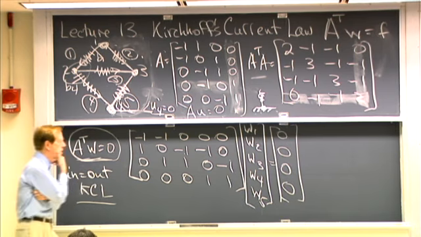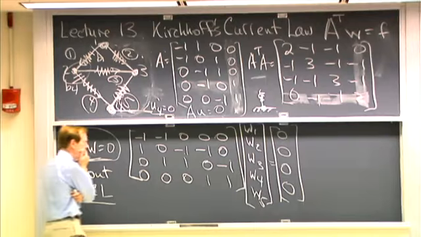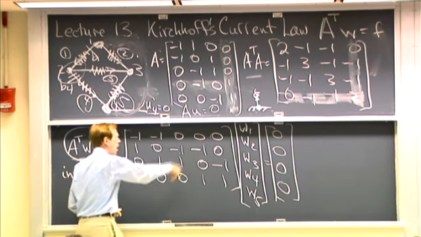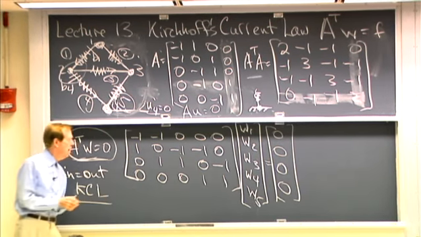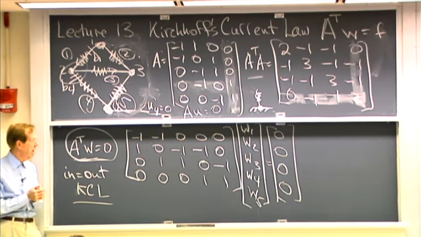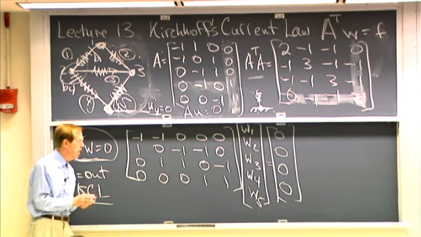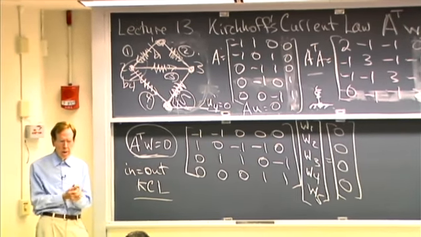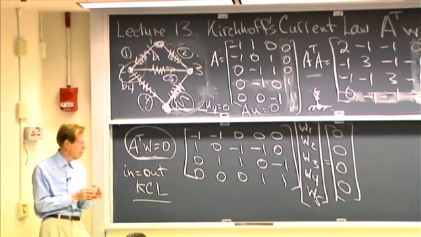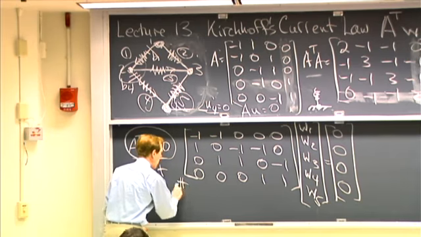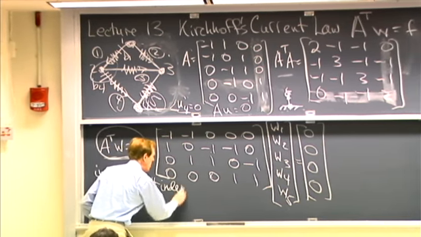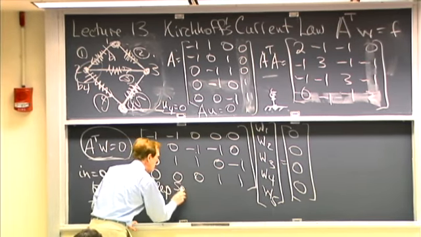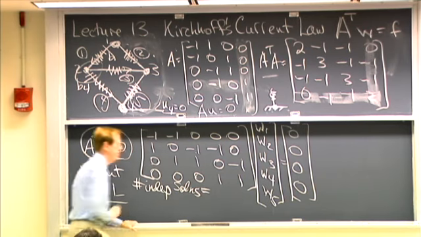So what does that mean here? That means that out of these 5 columns of A transpose, which were rows of A, 3 are independent. So just tell me how many solutions I'm looking for. Before I look for them, the number of independent W's, independent solutions, will be what?